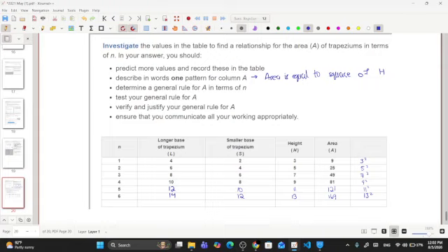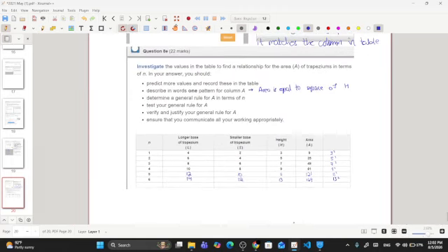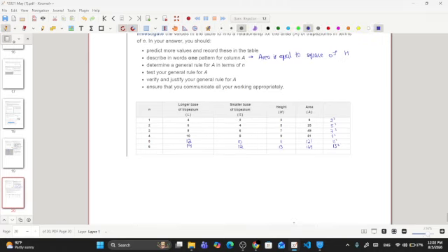Determine a general rule for A in terms of N. So have a look. It's not saying A generally. It's saying A in terms of N. So how is that different as compared to the questions that we had solved? So our area is 9, 25, 49, 81, 121.